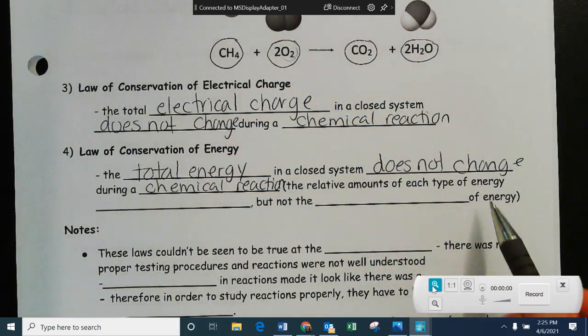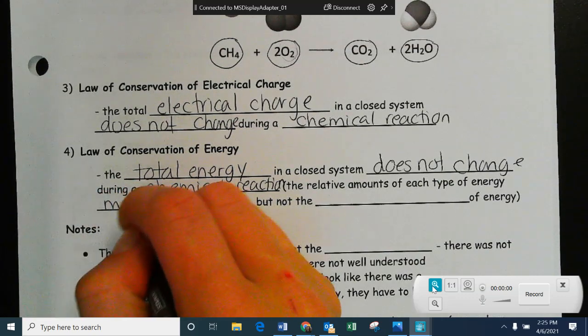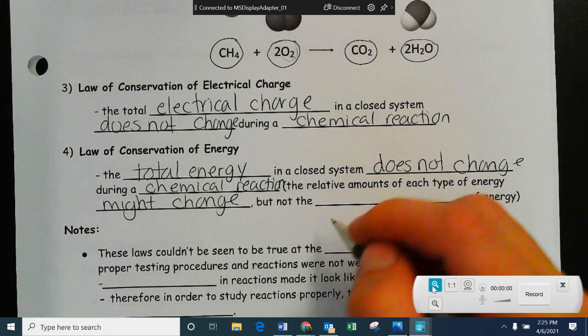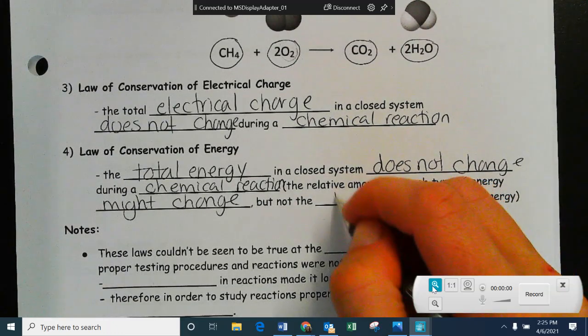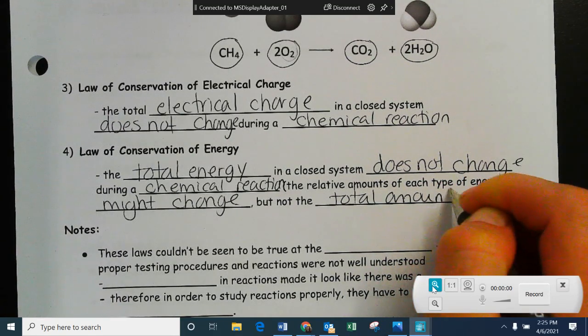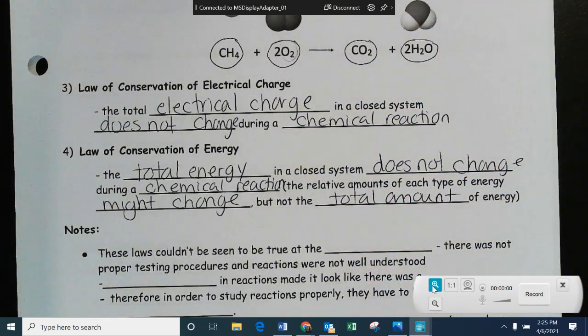The relative amounts of the type of energy might change, but not the total amount of energy. So do you guys remember how energy is stored in chemicals? I think this would be probably from grade 10.